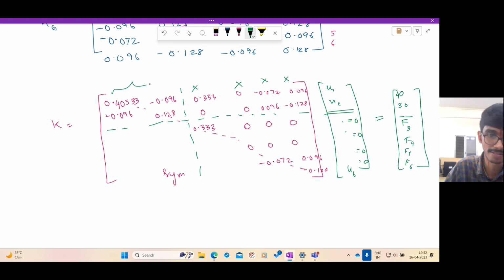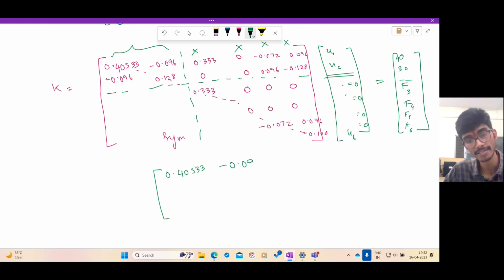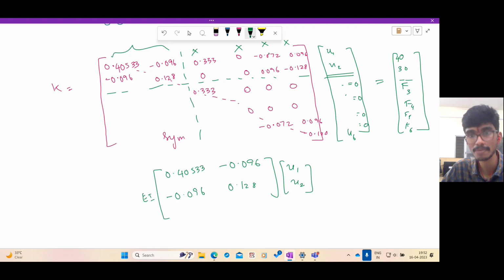So consider this system. The final system that you need to solve for is 0.40533, minus 0.096. That's an EI everywhere. Minus 0.096, 0.128. Acting on U1, U2. These are all multiplied with 0 coefficients, so you need not consider them. It's equal to 40, 30. So what is the answer?